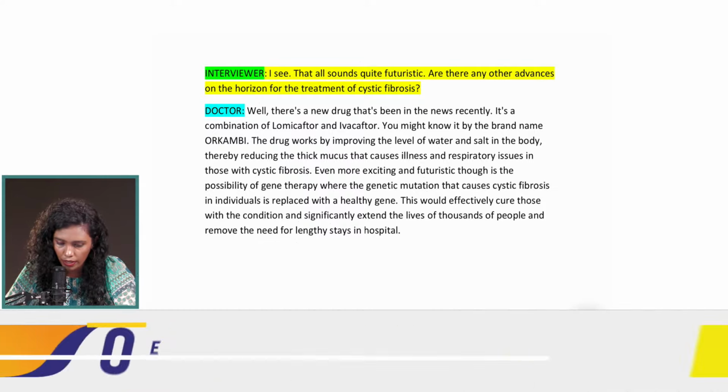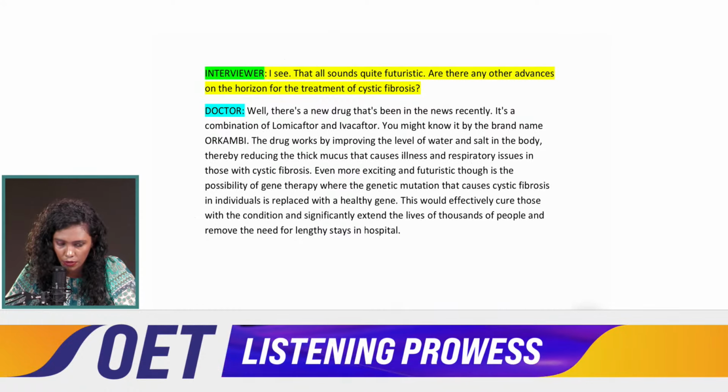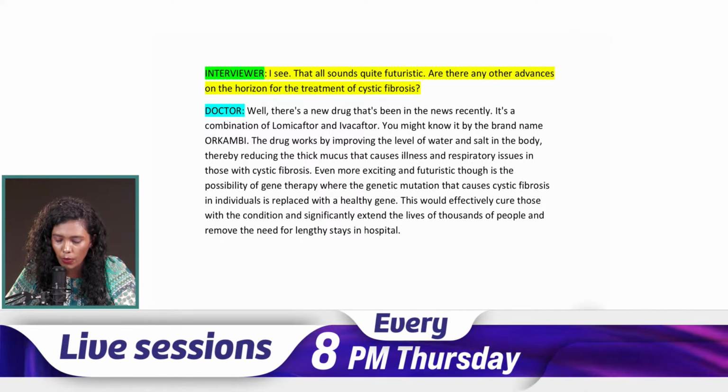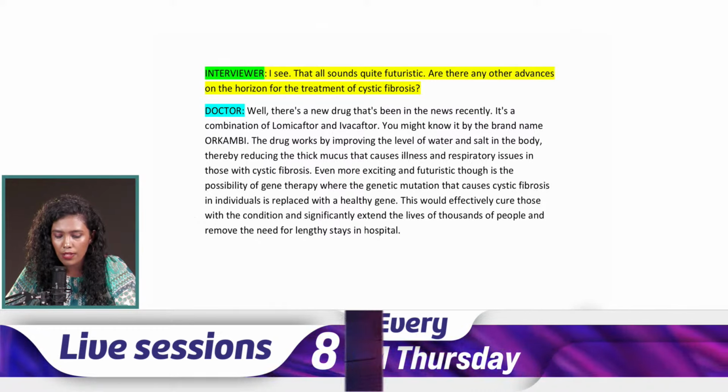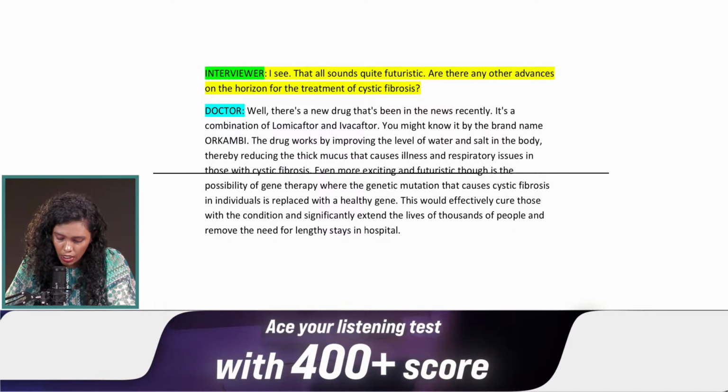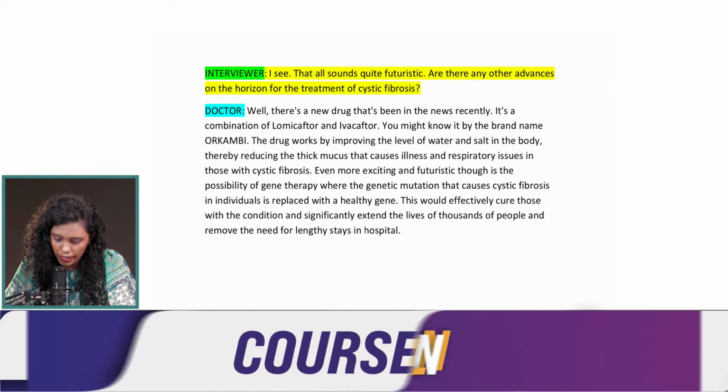And an even more exciting, futuristic thing is the possibility of gene therapy, which would effectively cure those with the condition, significantly extend the lives of thousands of people and remove the need for lengthy stays in the hospital. Okay, so: could prevent breathing difficulties in sufferers.